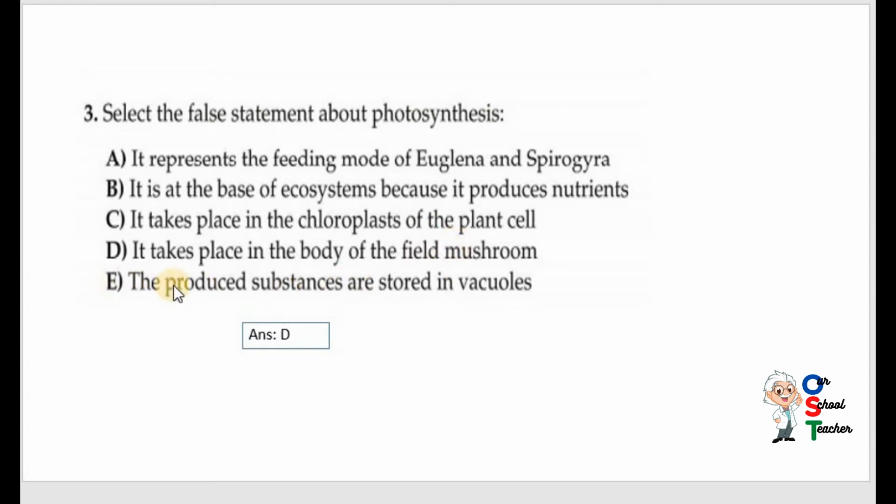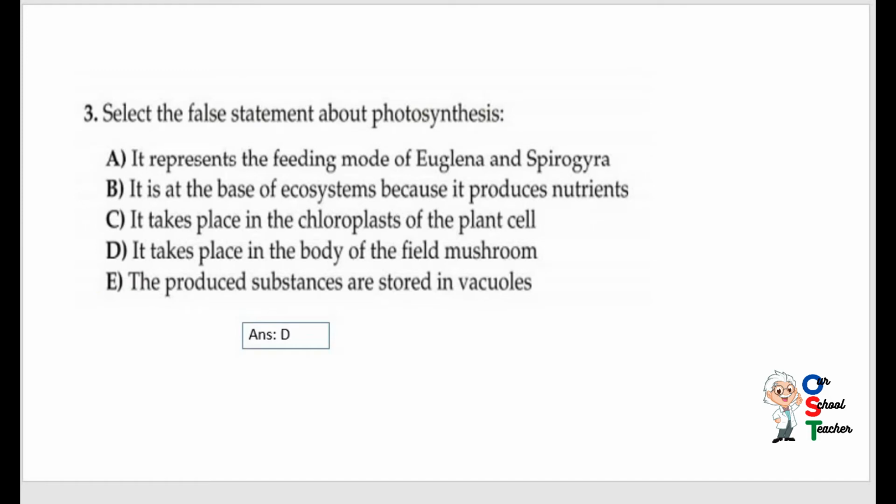E. The produced substances are stored in vacuole. Yes, in a plant cell, the vacuole takes more space and stores produced substances. Yes, it is also correct. True statement about photosynthesis. So you have to choose the false statement about photosynthesis. That is D.